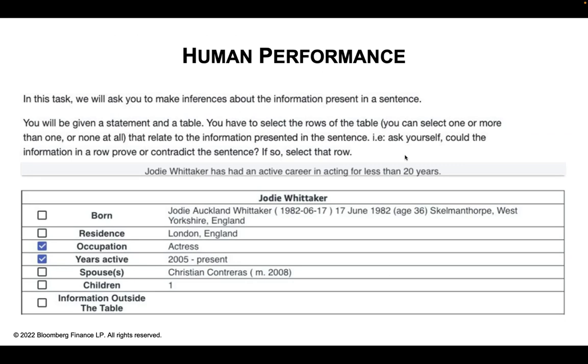We first check how humans perform on this task. To do that, we use Amazon Mechanical Turk and ask human crowdsourced workers to mark all the relevant rows. We give them the premise table where each row can be marked. We also include out of table information, especially for the neutral statements, because they may contain information which is out of the table. So we also include that part as a selection option.